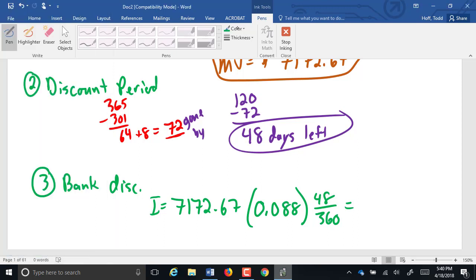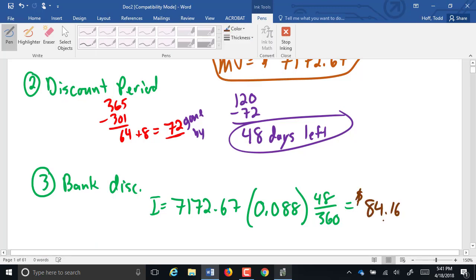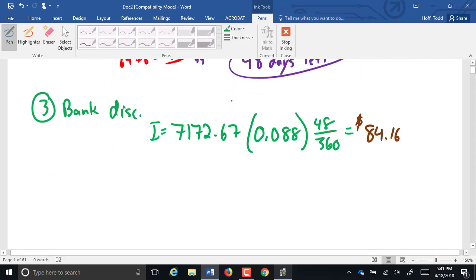Giving us $84.16. That's what the bank charges for holding that loan for that last 48 days.